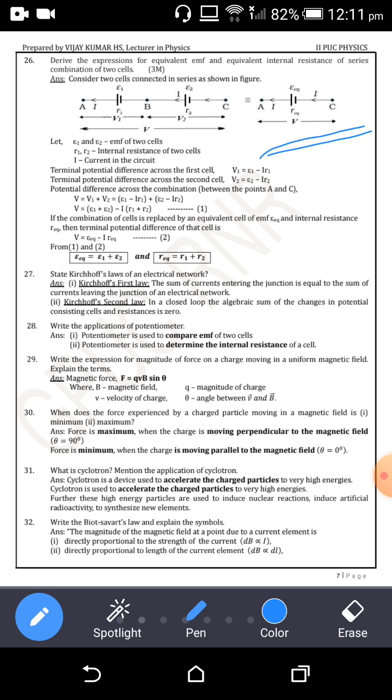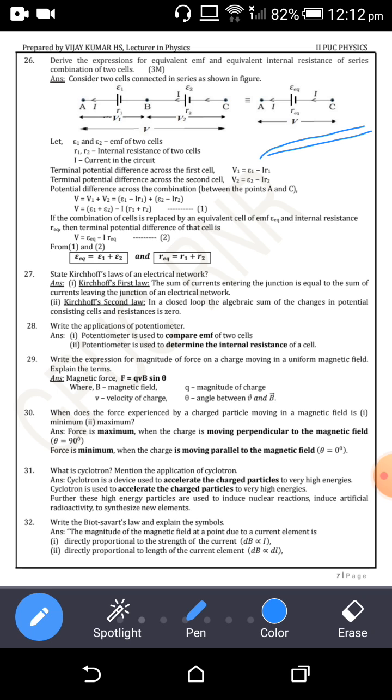As you know, the terminal potential difference equation is V is equal to E minus IR. Applying the same across the first cell and the second cell, V1 is equal to E1 minus IR1, and the terminal potential difference across the second cell is V2 is equal to E2 minus IR2.